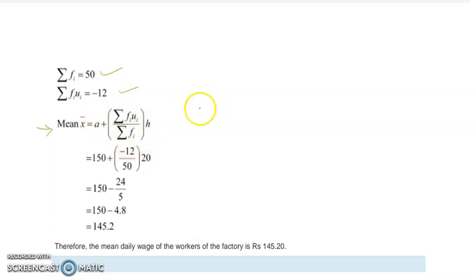So a is your assumed mean, students. That is what we have taken as the assumed mean, and that was 150. Summation fiui, you can clearly see, we calculated as minus 12. Summation fi is 50. We substitute the values here, which is equal to 150 plus minus 12 upon 50, right, students, into 20.